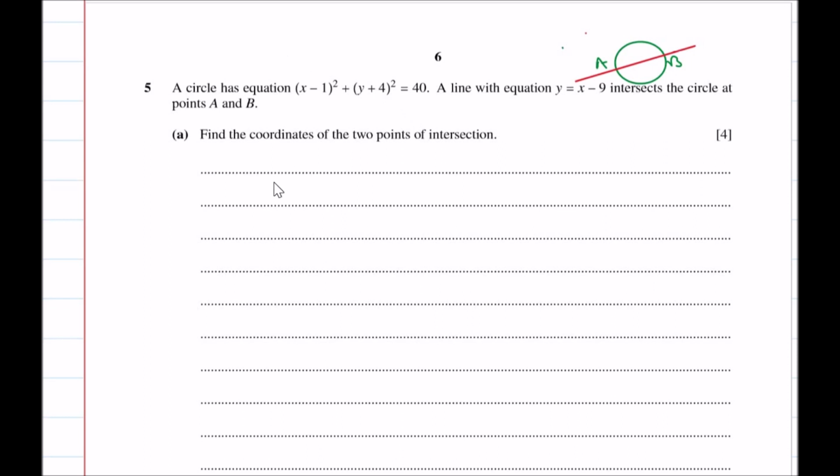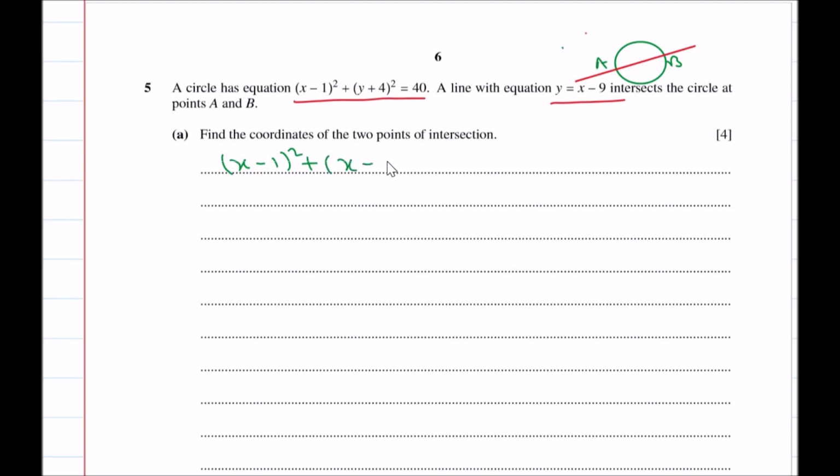Okay, so let me write it here. We have two equations. One is the circle equation, the other one is y equal to x minus 9, which we are going to substitute in the circle equation. So let's substitute. We get x minus 1 whole square plus y. In place of y, what will you write? x minus 9.